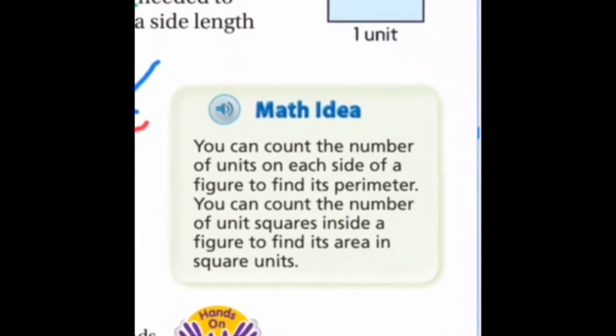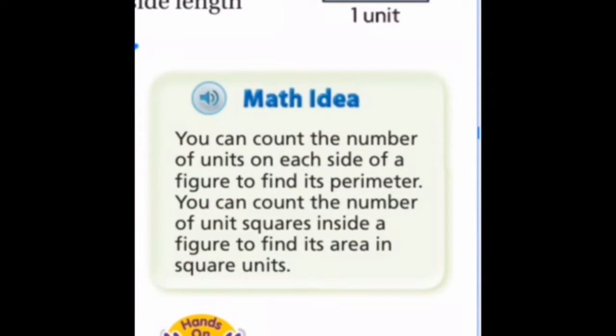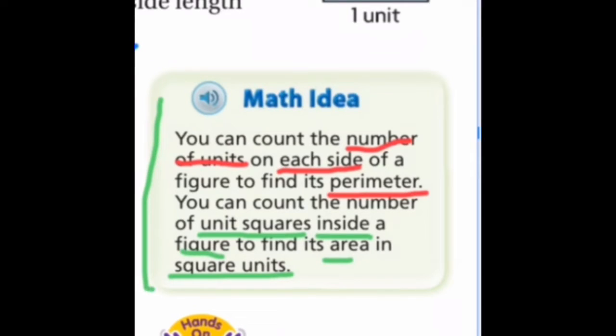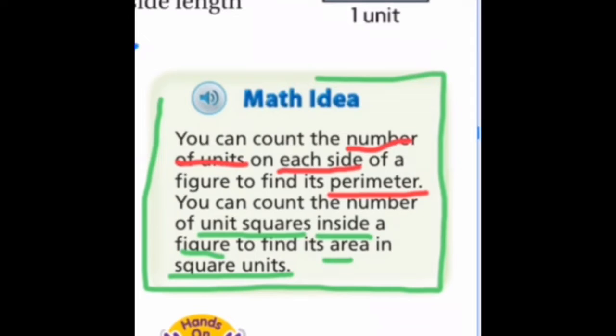Okay, let's look at the math idea. It says you can count the number of units on each side of a figure to find its perimeter. Then you can count the number of unit squares, or the number of squares, inside a figure to find its area in square units. Again, perimeter is the distance on the outside, 1, 2, 3, 4.